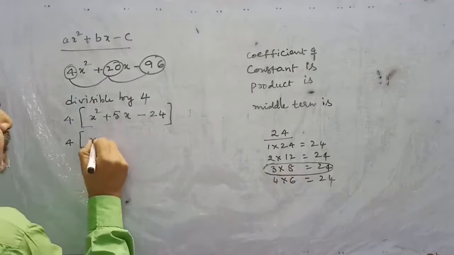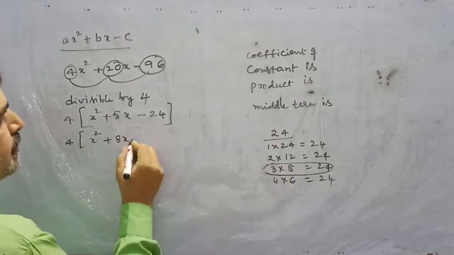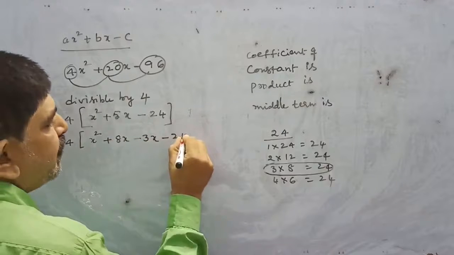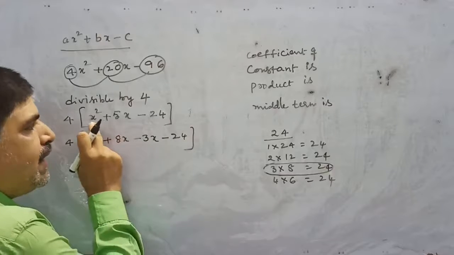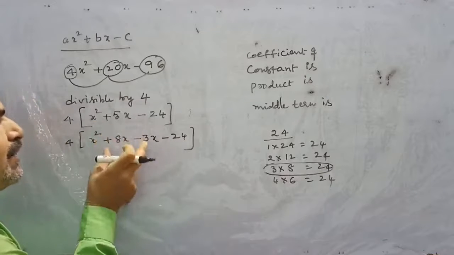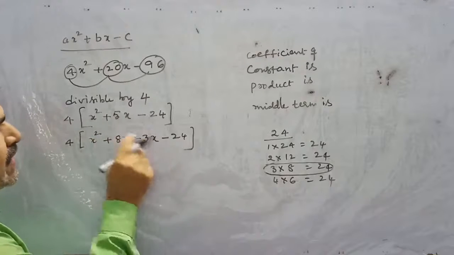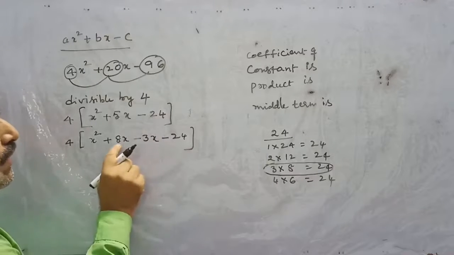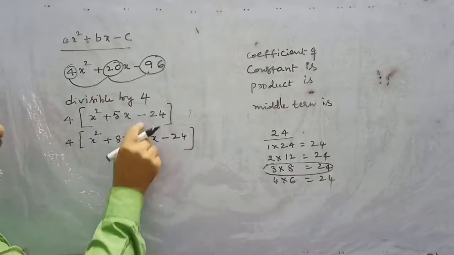Then x square plus 8x minus 3x minus 24. Now write the total problem from these two. Okay, first one, x into x is x square, 8 3s are 24, plus 8x minus 3x is plus 5x, plus into minus is minus.